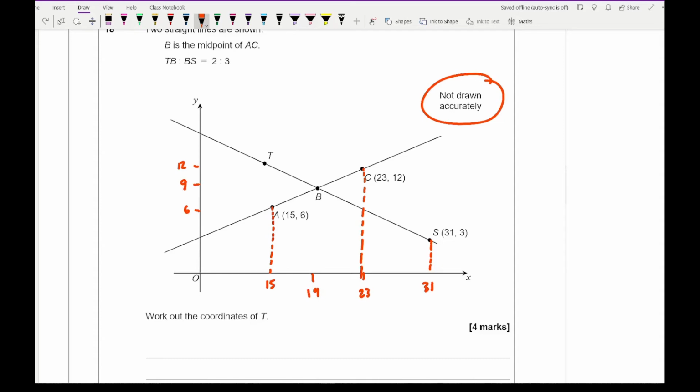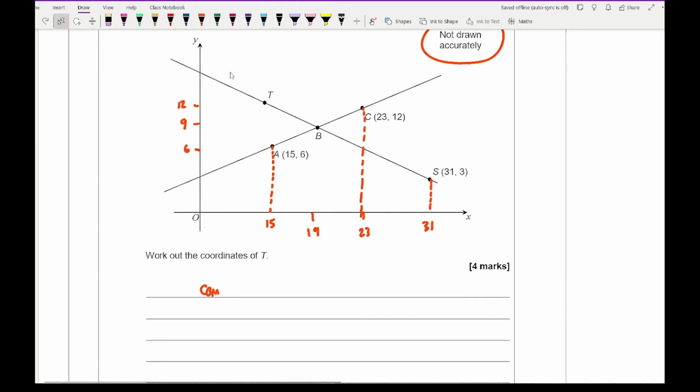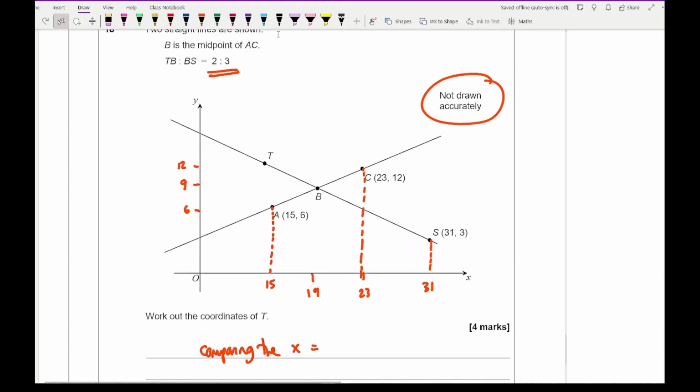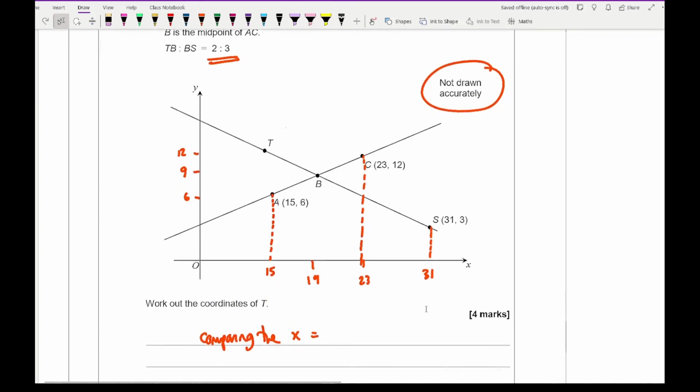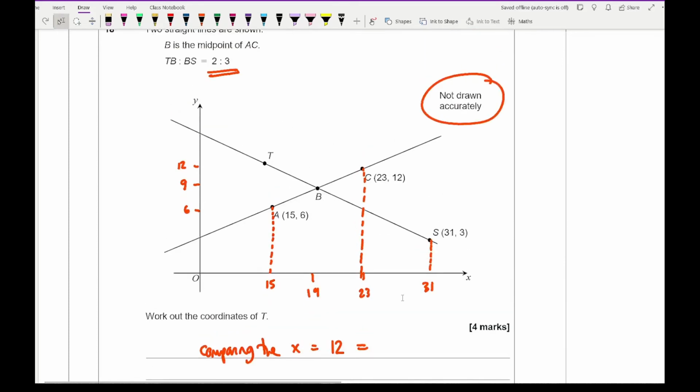Now in terms of comparing the distances using this ratio here, comparing the x values, the distance between the x's, so between B and S, is going to be 12. So 12 equals, and how many parts is B to S? Well, B to S is 3 parts.